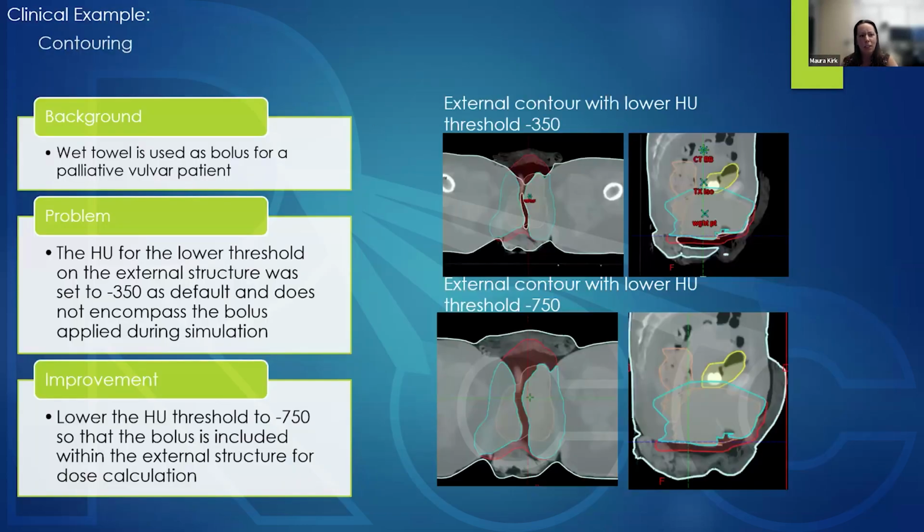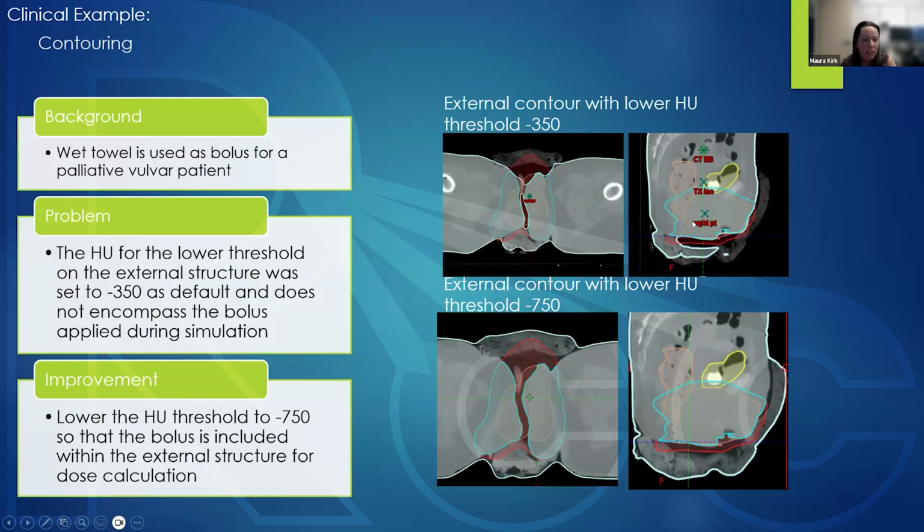Okay, so here's a clinical example where a patient has a wet towel placed over their target for a palliative vulvar patient with the purpose of bolusing the target. The problem, which you can see up here, is that the body contour does not consistently include all of that wet towel.